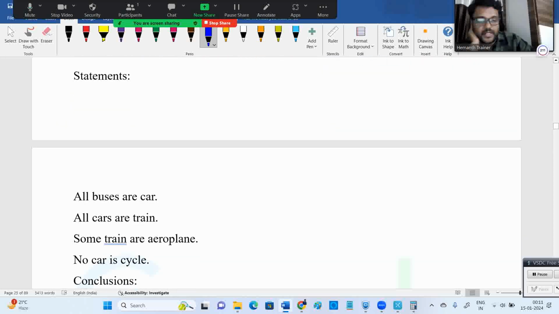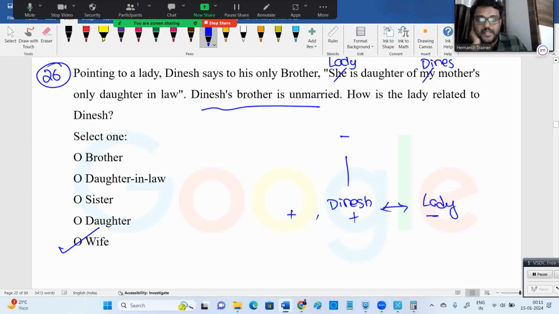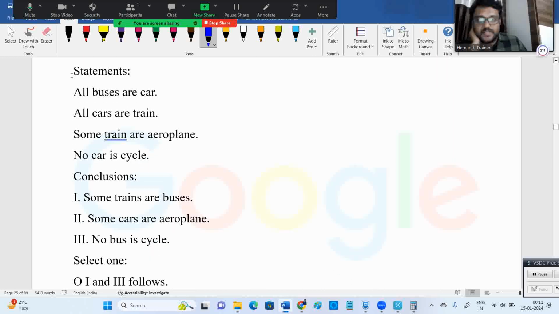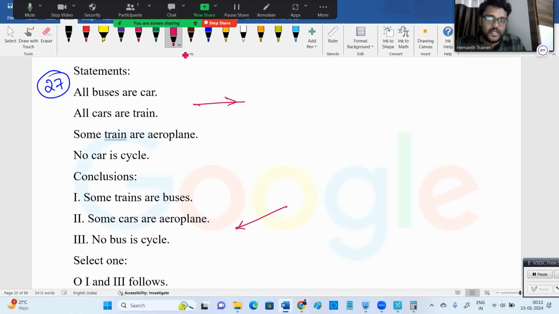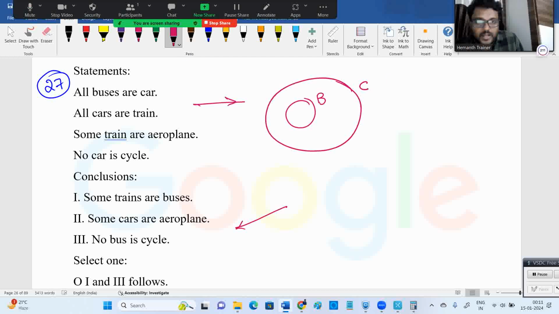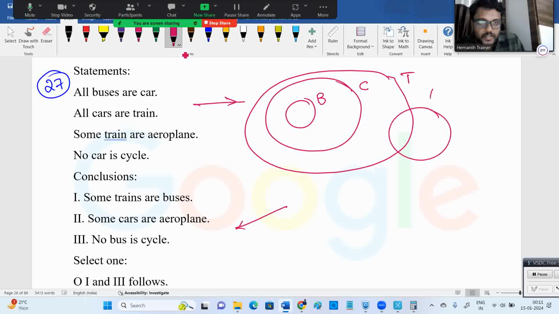Next, a syllogism related question. You need to draw the diagram satisfying the given statements. This is all the level of the TCS exam. So your job is to draw the diagram from the statements, and using the diagram decide which conclusion is always correct. All buses are cars. All cars are trains. Some trains are aeroplanes.